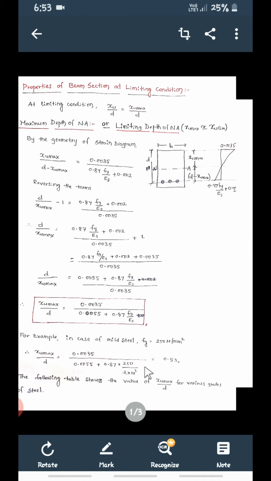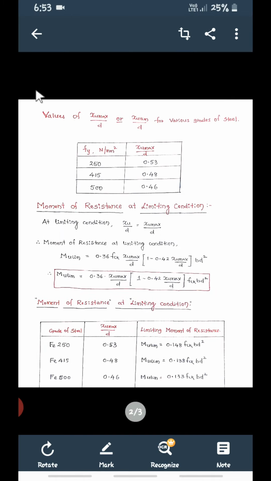Now see, this table gives the clear picture. Values of Xu max upon d, also written as Xu limit by d, both are the same, for various grades of steel. There are basically three grades we use in RCC design: 250 grade, 415 grade and 500 grade steel. For 250, Fy is 250; for 415, it is 415 Newton per mm square; and for 500, it is 500 Newton per mm square.